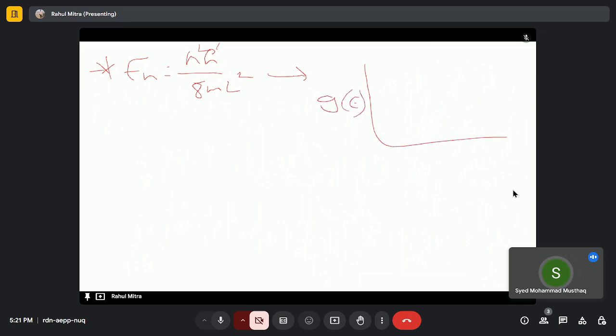The allowable energy levels will be given by En equals n square h square by 8 m L square. Now what does it show? The energy of the particle is quantized, right? Because in the density of states we have seen for the three-dimensional particle the energy is continuous, but not here. Here the energy is quantized, right?